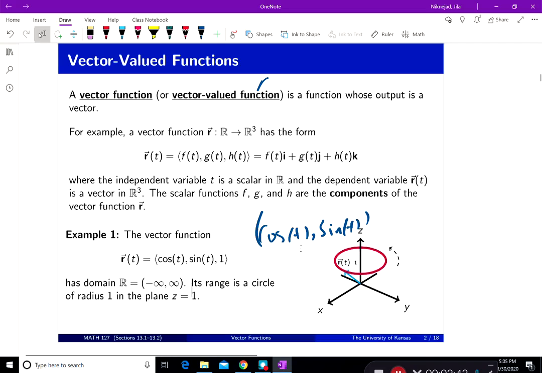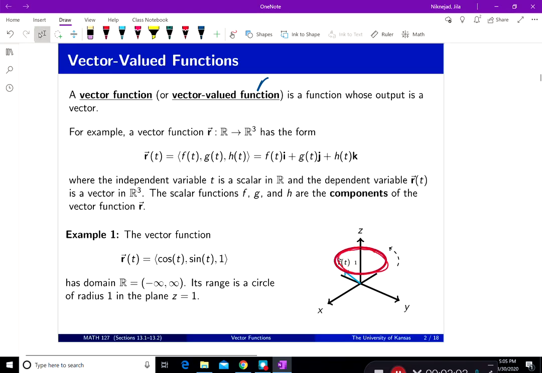So what's the domain for this? I can plug in any t in here, right? And if I can plug in any t, the domain is going to be the entire R. How about the range? The range is going to be this nicely drawn circle over here.